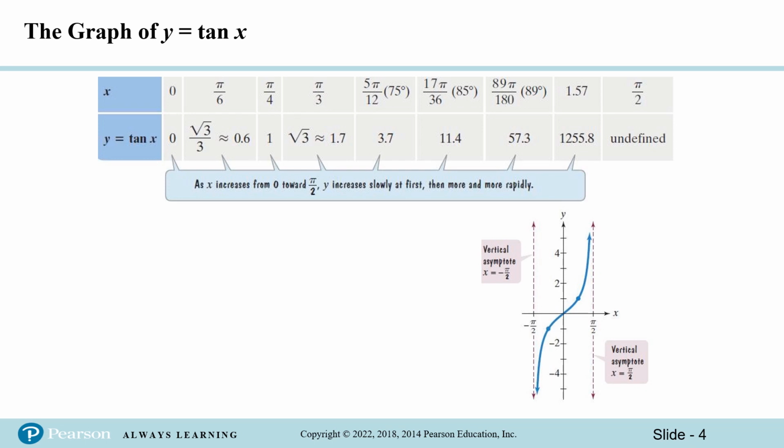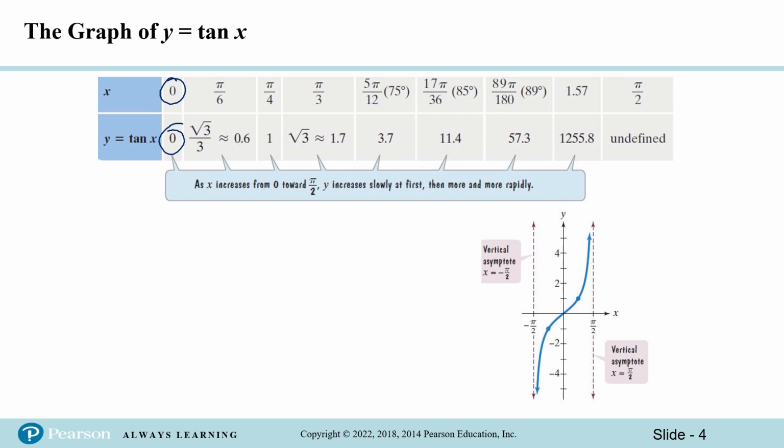All right, let's take a look at y is equal to the tangent of x. So we have our angle, 0, and the tangent is 0 at x equals 0, right here.